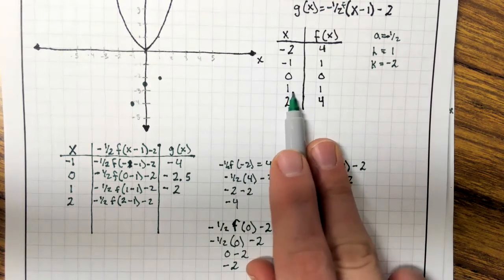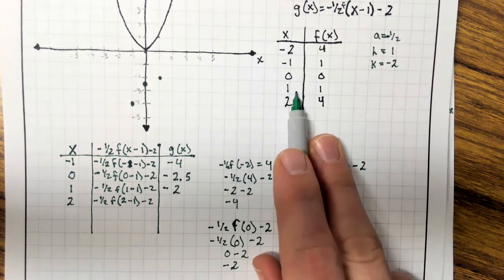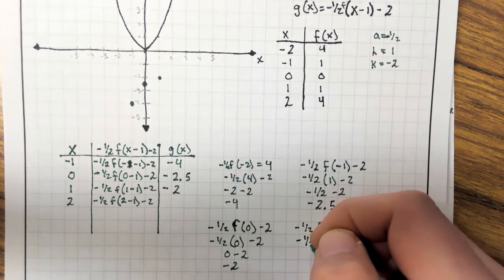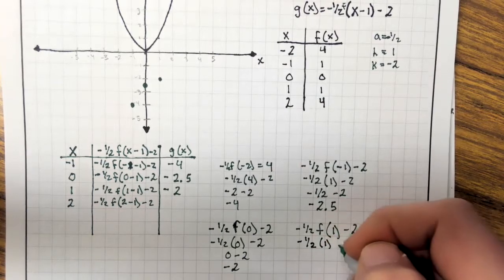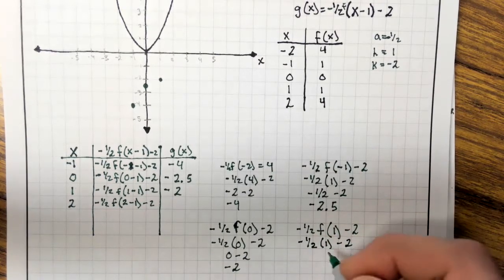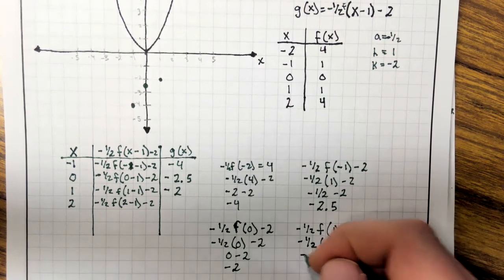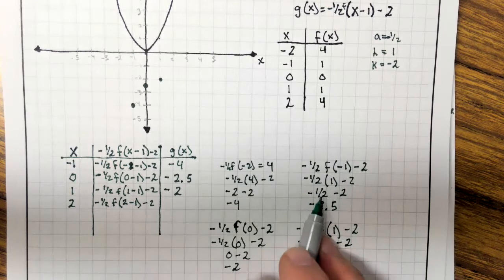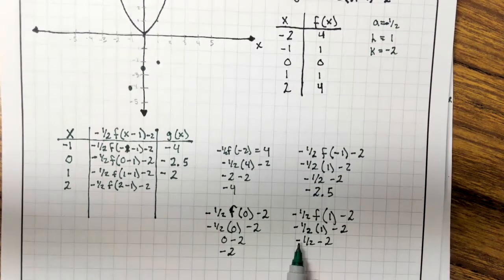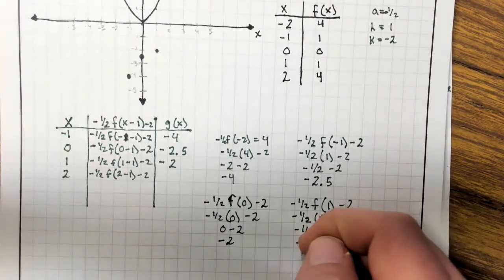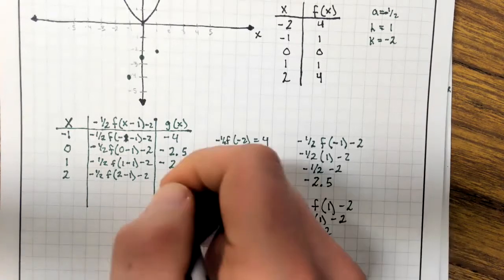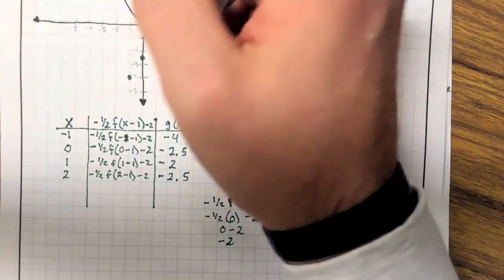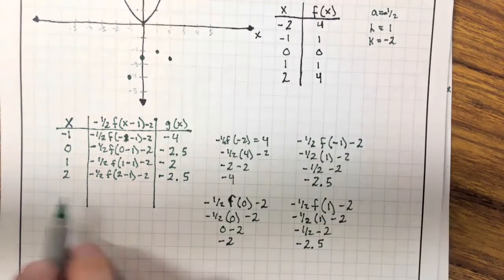When I plugged in 1 to my original function before the transformations, the function spit out +1. So I'll do -1/2 times 1 minus 2. -1/2 times 1 is -1/2 minus 2. And just like we did right here, essentially -0.5 minus 2 is -2.5. -2.5 is going to go there. Okay, so I go over 2, down 2.5 for that point.